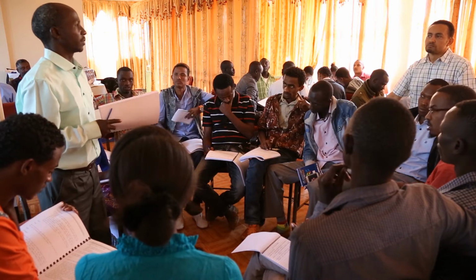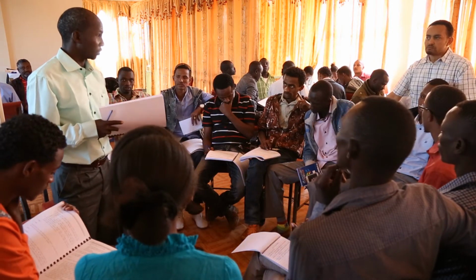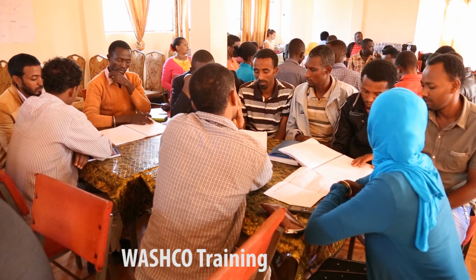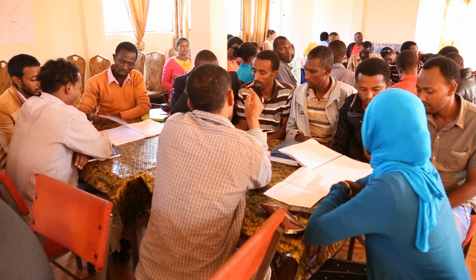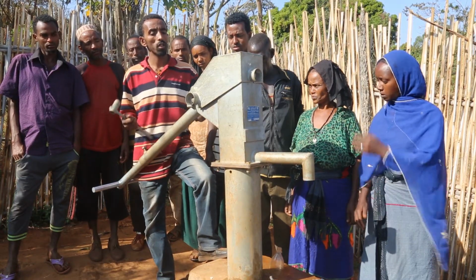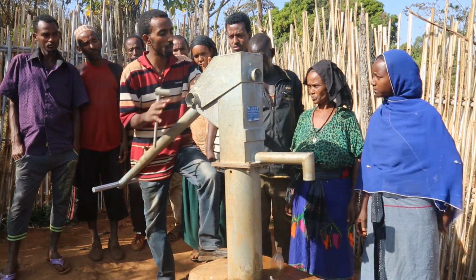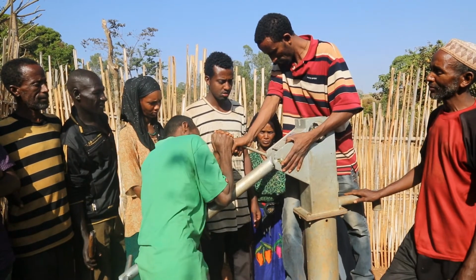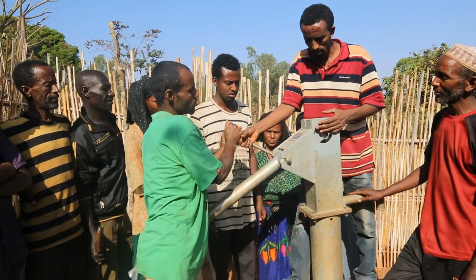Training the community members is another very important step in the CMP implementation processes. Here, WASHCOs are trained in procurement, financial management, operation, and maintenance. Meanwhile, at this stage, artisans are trained in construction of low-technology water supply schemes. So the WASHCOs have to first get the training before they start any construction.